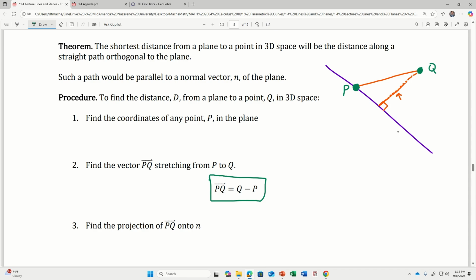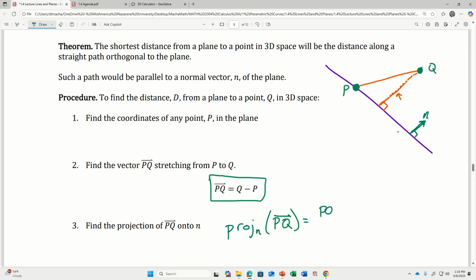Then, since we know what the plane is, we can find a normal vector that's orthogonal to the plane. And we're going to find the projection of PQ onto N. And you have to remember your projection formula.